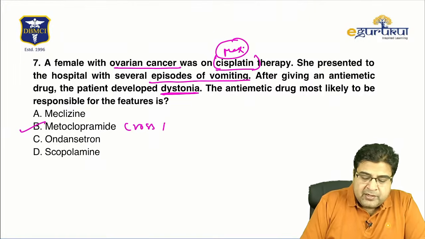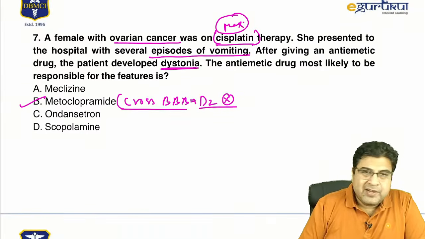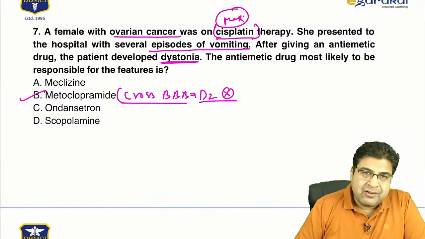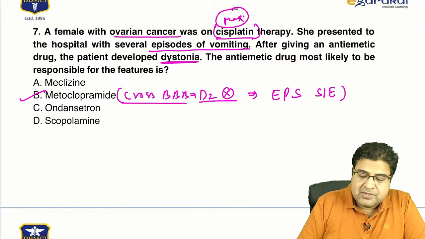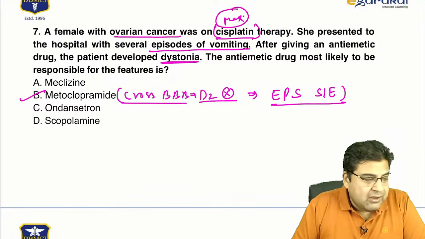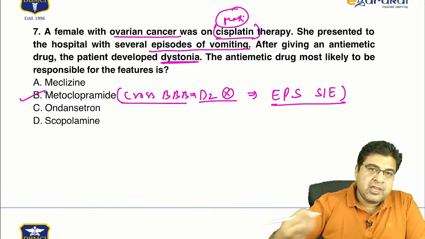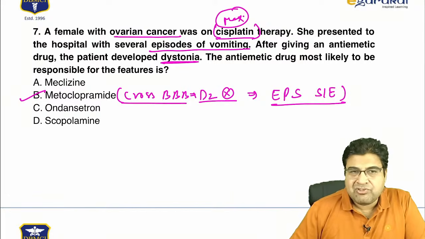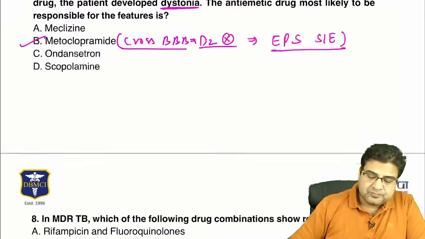Metoclopramide can cross the blood-brain barrier and block the dopamine pathway in the central nervous system, and by blocking this dopamine pathway in the CNS, it can result in extrapyramidal symptoms as side effects, and that will result in acute muscle dystonia as one of the presentations. So question number 7, answer is B, Bombay, that is metoclopramide.